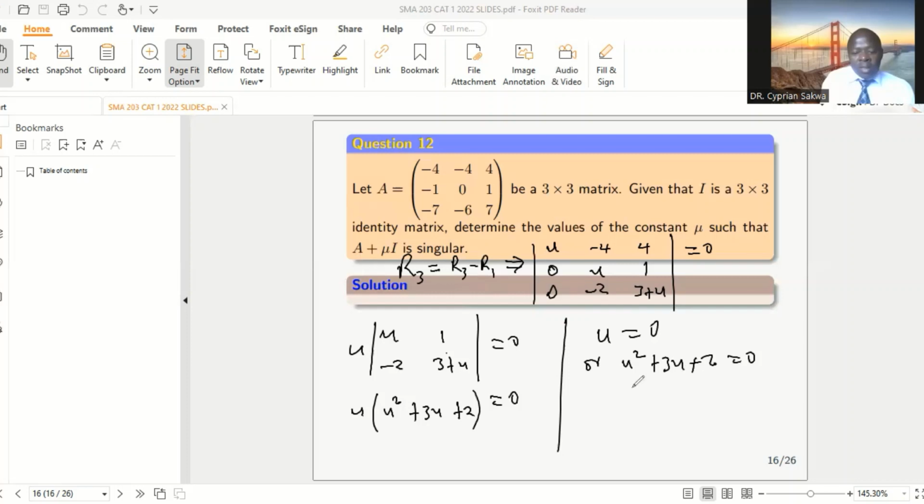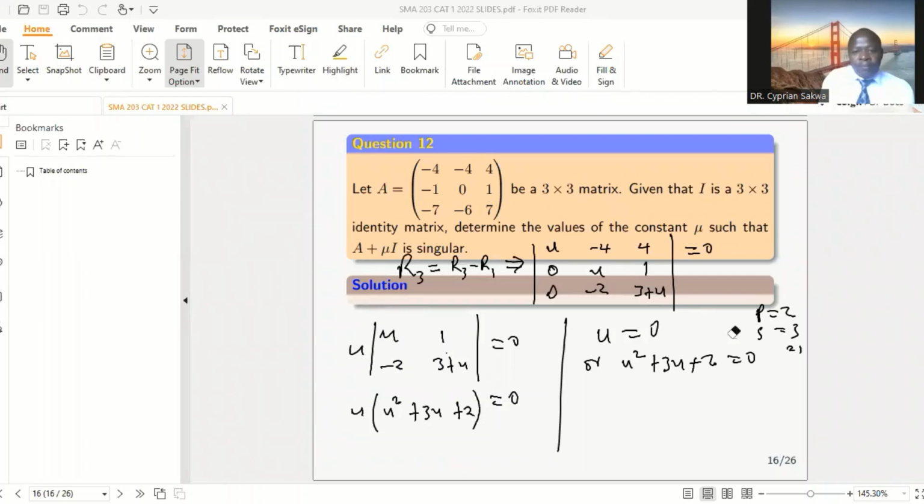This last equation can be factorized. The values here, the values that you multiply and get 2, the product is 2, and the sum is 3. Those values are 2 and 1. What I've written there is not correct, so just delete this.